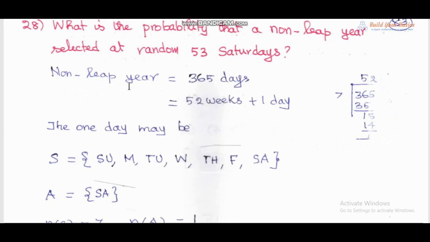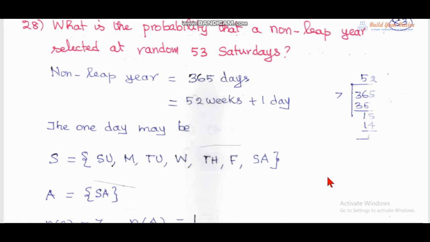So a non-leap year will consist of 52 completed weeks and 1 extra day. The one day may be Sunday, Monday, Tuesday, Wednesday, Thursday, Friday or Saturday.